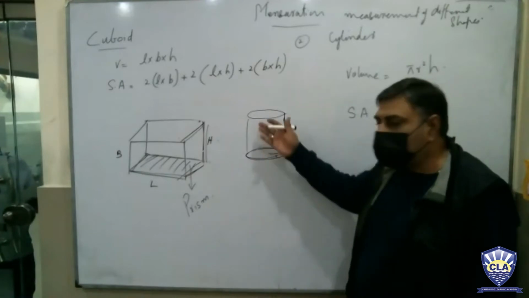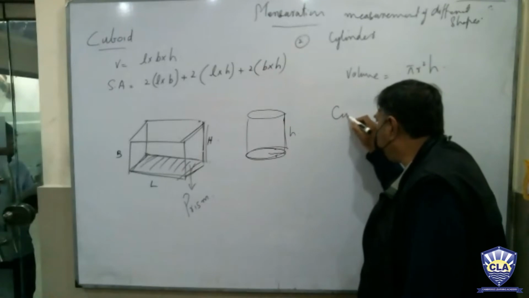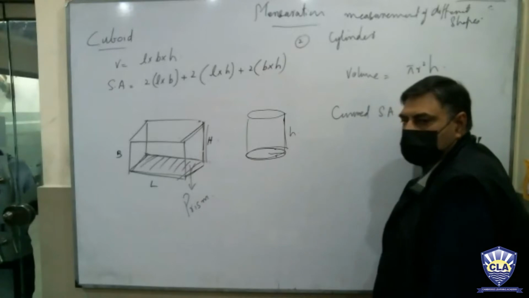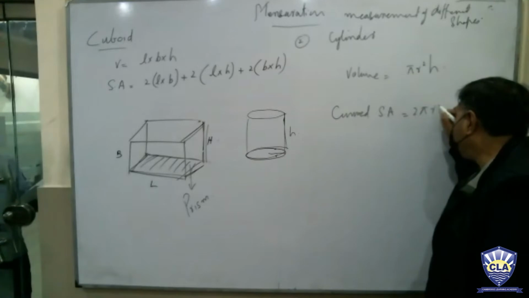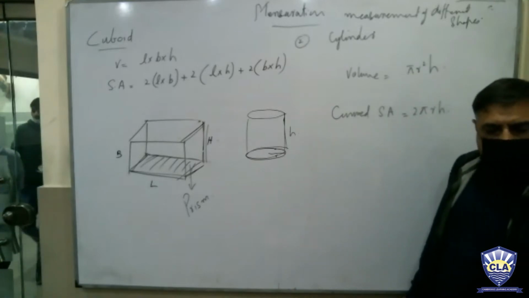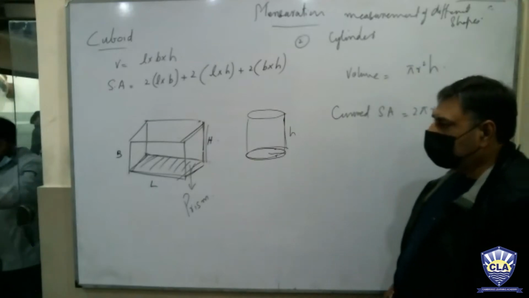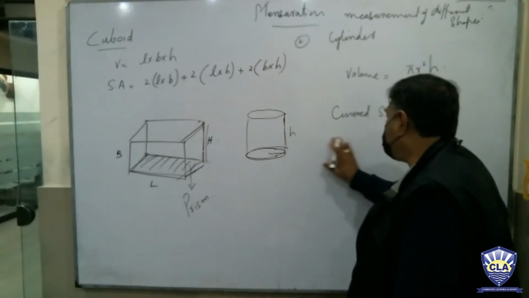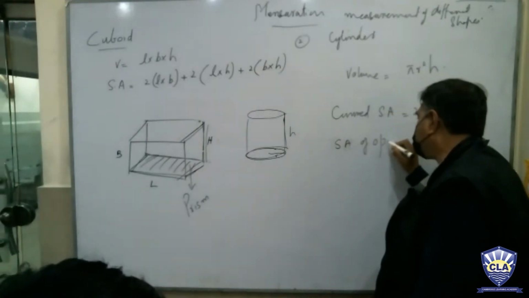Now, surface area of the cylinder. First of all, curved surface area. Curved surface area is 2 pi r h. Then surface area of open cylinder.